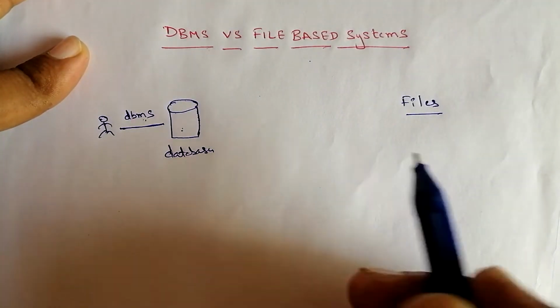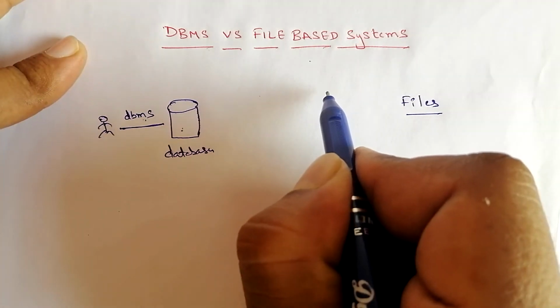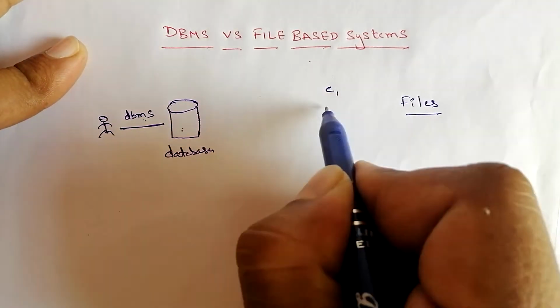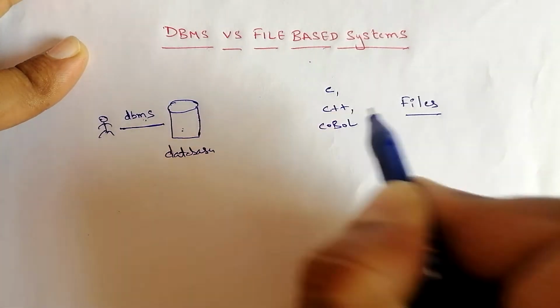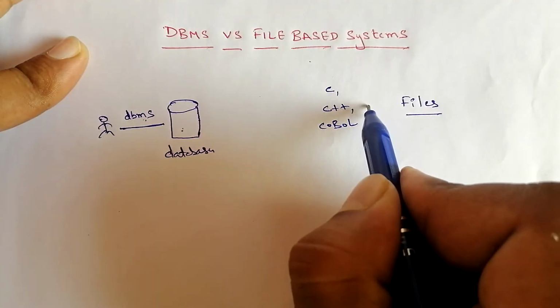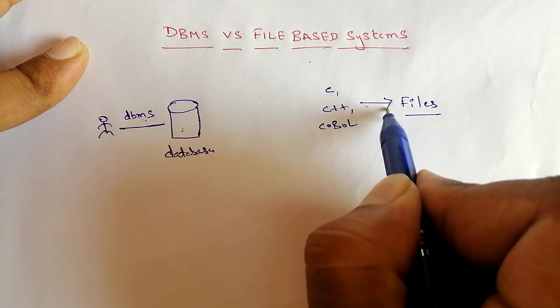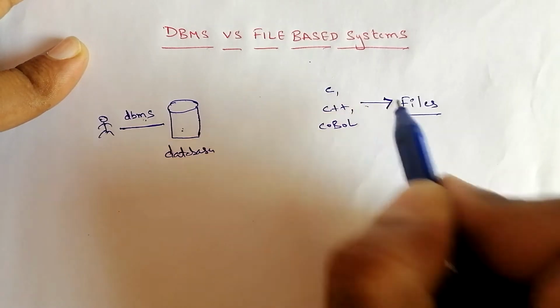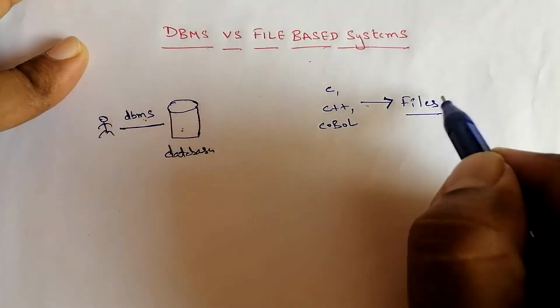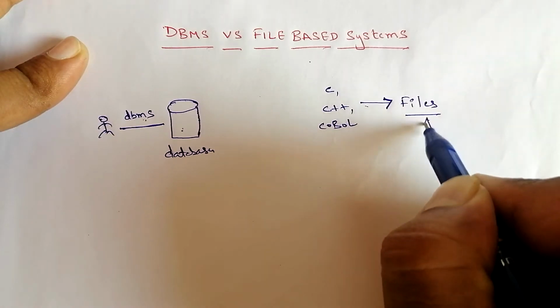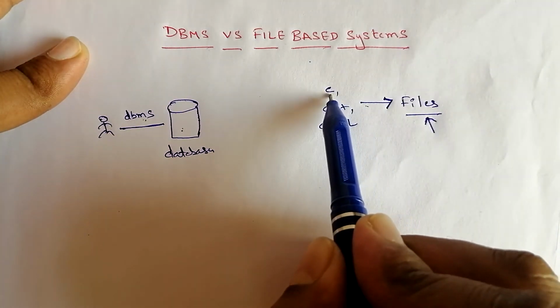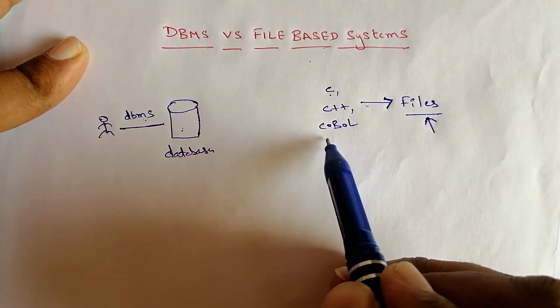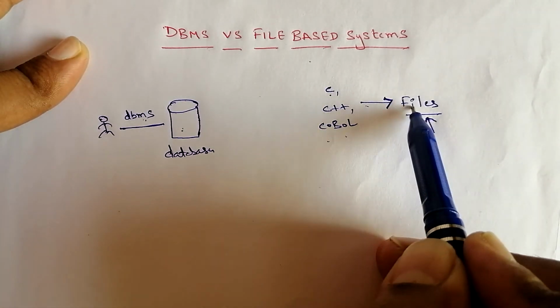Here we have to use different programming languages like C, C++, or COBOL to manage the files. That is, the data is going to be stored in the files, and we have to write either a C, C++ or COBOL program for handling the data in the files.